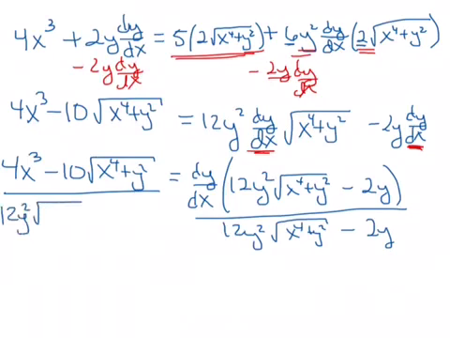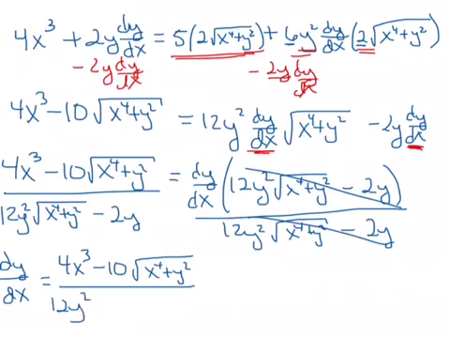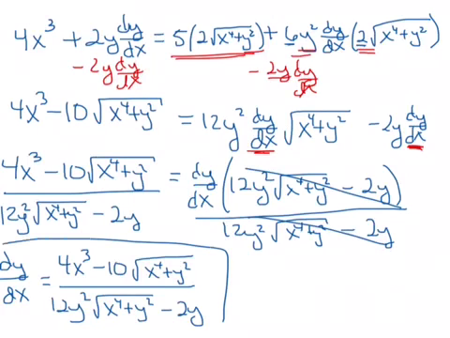And here is what we're left with. dy/dx is equal to 4x cubed minus 10 times the square root of x to the 4th plus y squared, all over 12y squared times the square root of x to the 4th plus y squared, minus 2y. And we are finished.